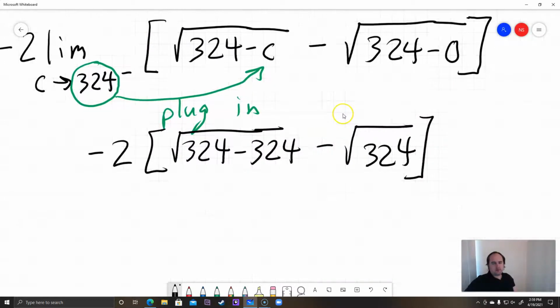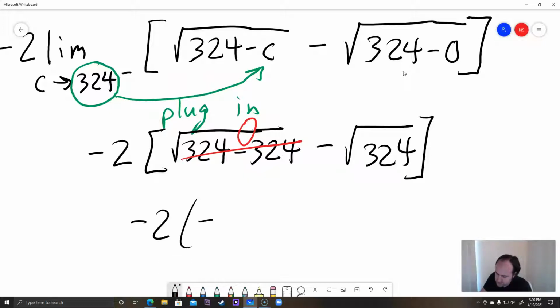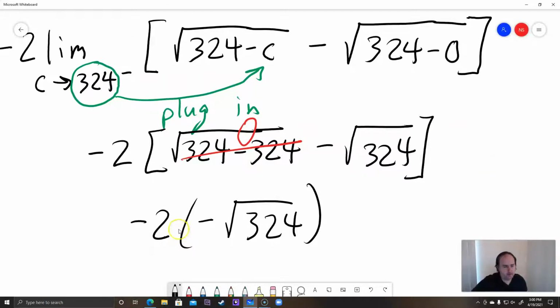Okay, and then where do we go from here? Well, 324 minus 324 is 0, and the square root of 0 is 0. Okay, so this is 0. So we really have negative 2 times negative root 324. Okay, and I don't know what the square root of 324 is because my times tables doesn't go that far. So we're going to go ahead and use a calculator.